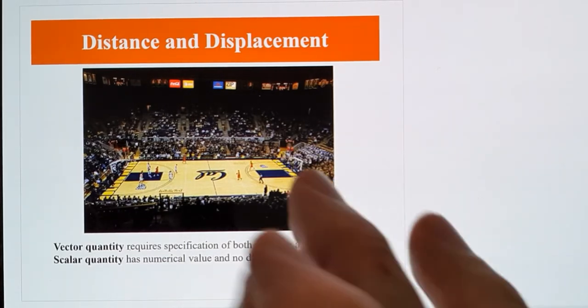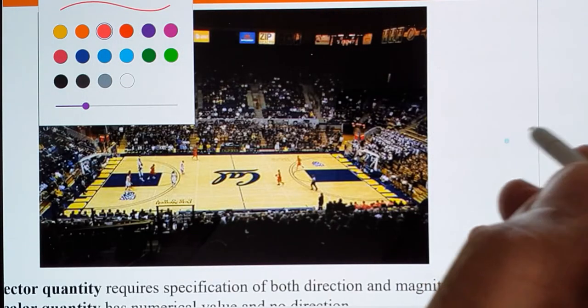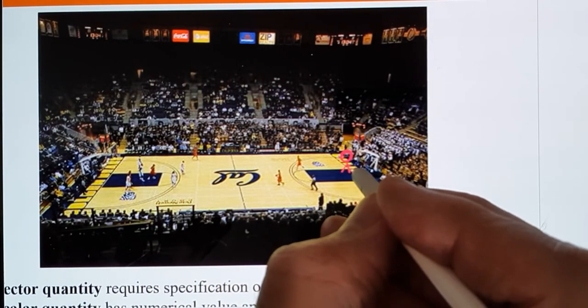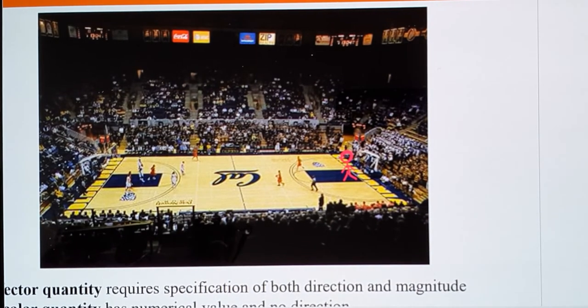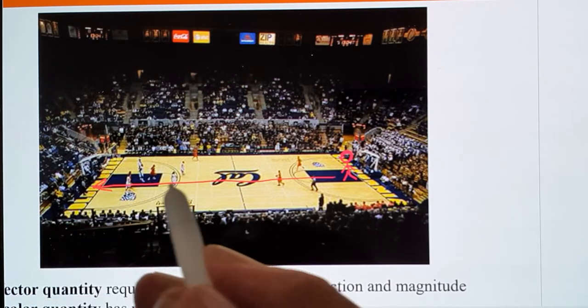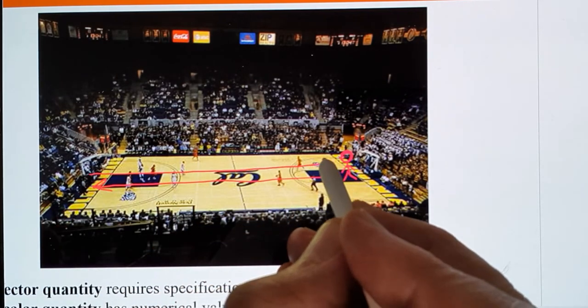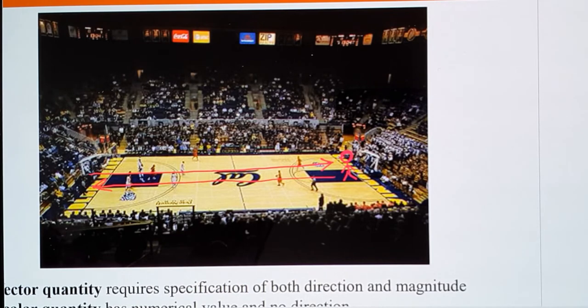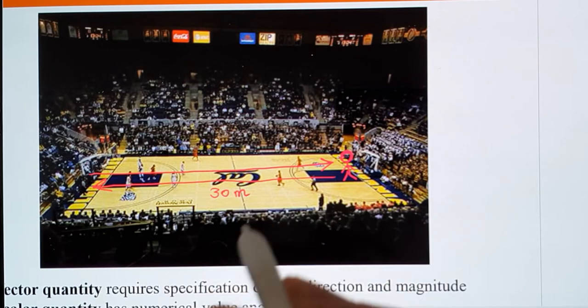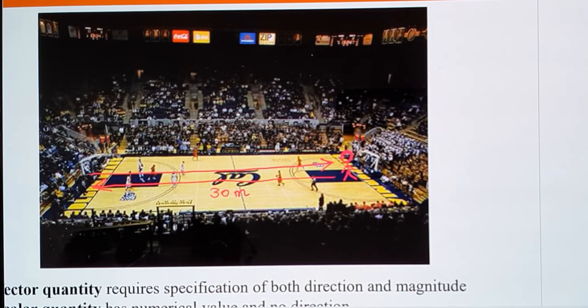Suppose there is a basketball player standing here, and he goes to the other side and then comes back to his original position. Let's say the distance one way is 30 meters.